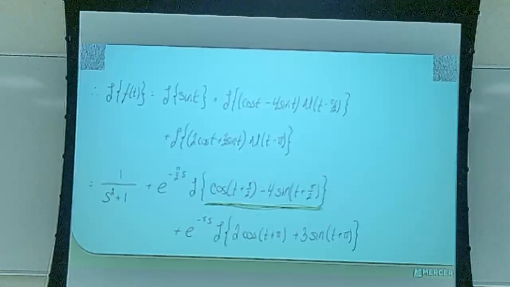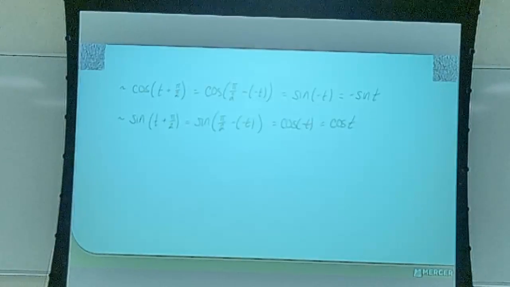Now I have to deal with the other one. So I think I'm going to do it at once. It was what? Cosine t plus pi.